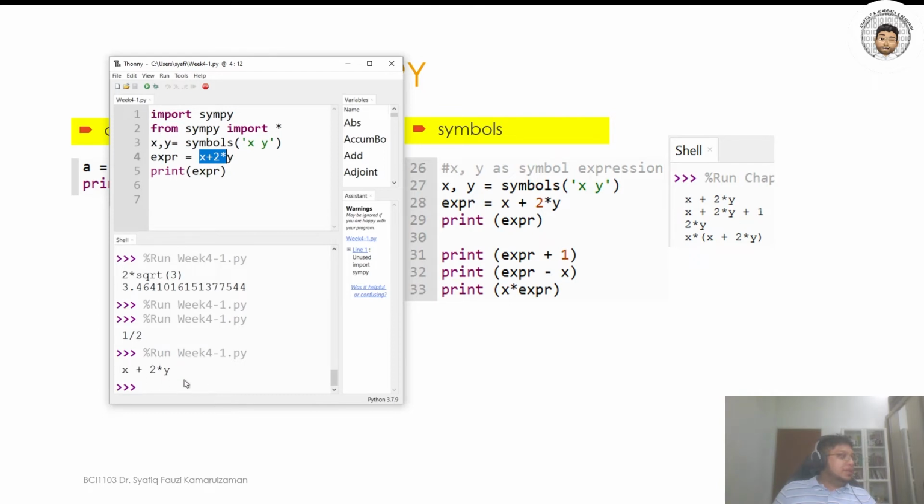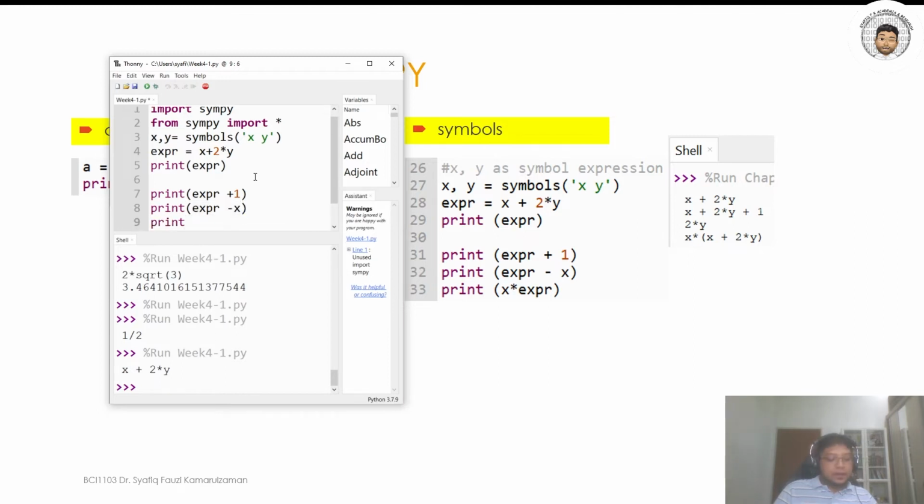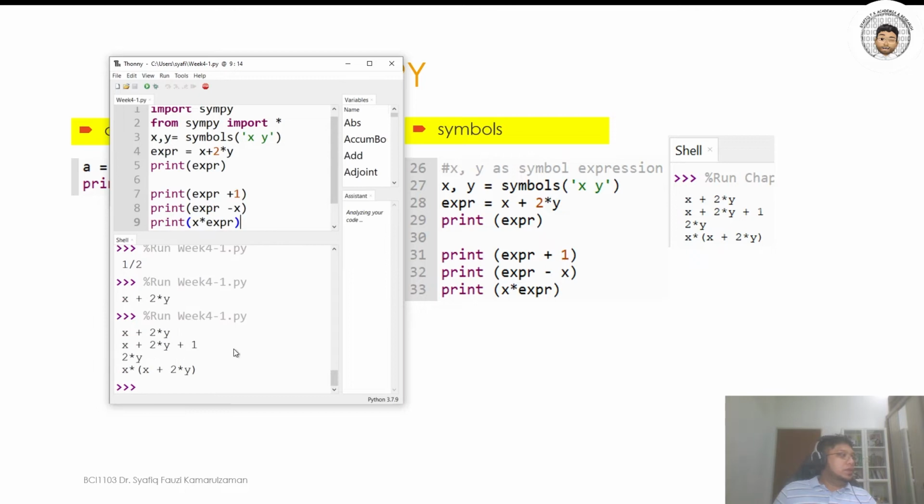And then I want to edit the equation. So print xpr plus 1. And what you get here, let's put all of them as one: xpr minus x, and here you have print x times xpr, and you got the result here.